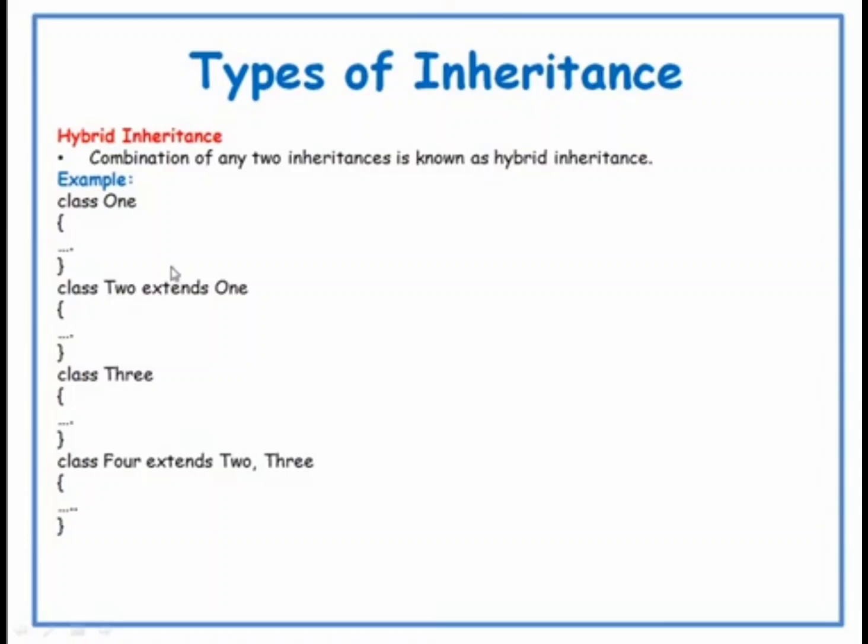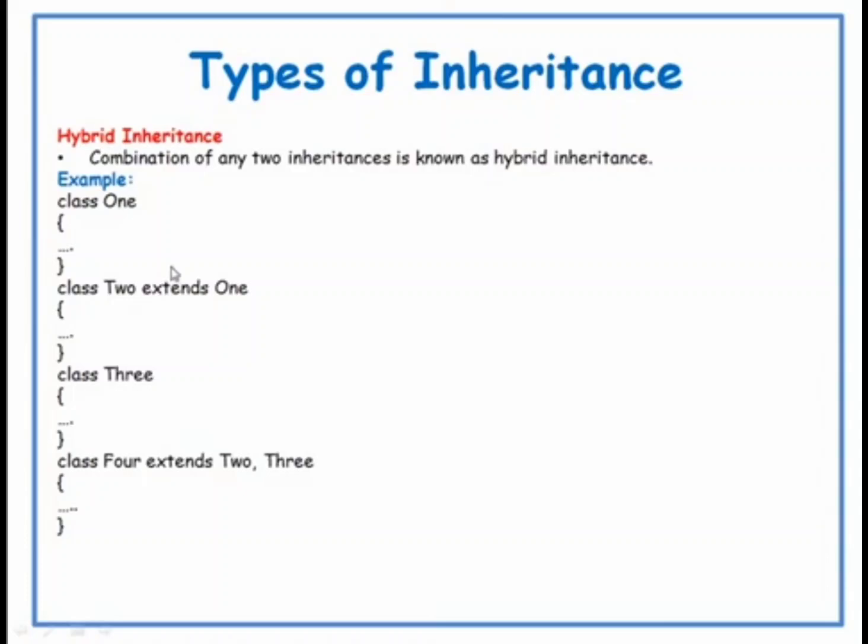And the syntax for hybrid inheritance: give class 1, and class 2 extends 1, then create class 3, and class 4 extends 3.